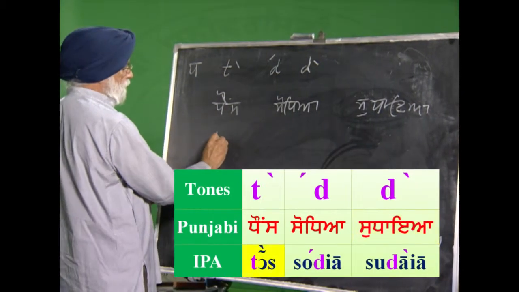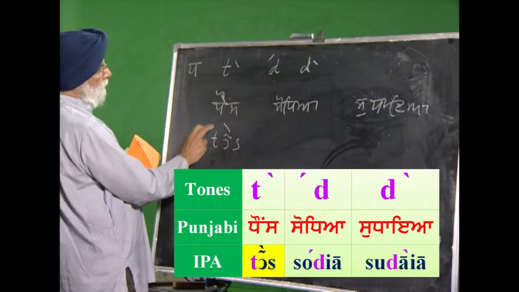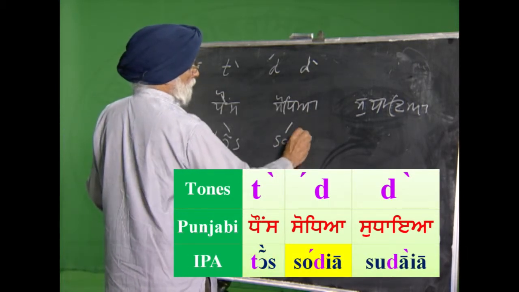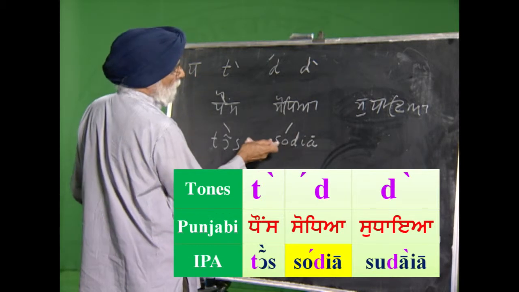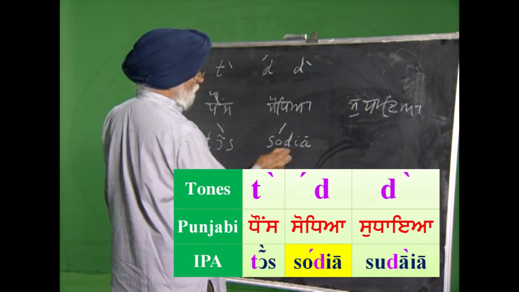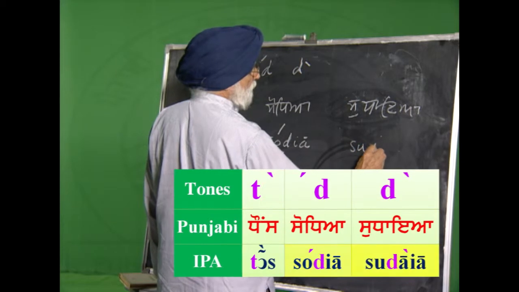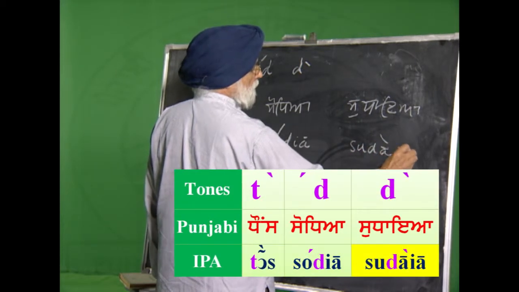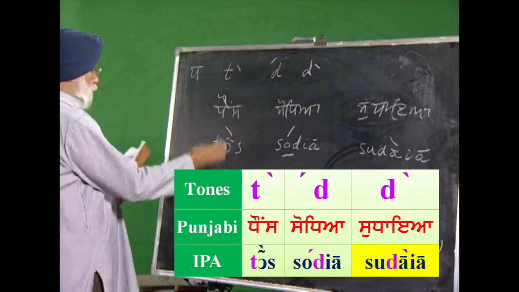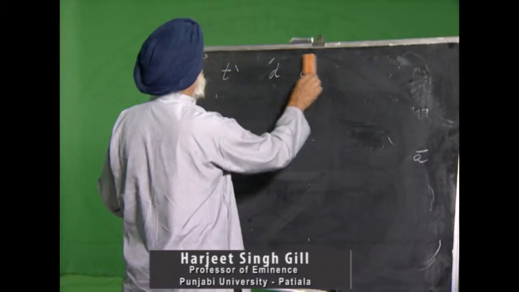See, for example, tons. You see the ta and low tone, and this is high tone with the sodya, because the tone is here, and when the tone is on the falling syllable, then it is sudaya. You see, this is how it works. So, we have 4 examples for each of these letters.